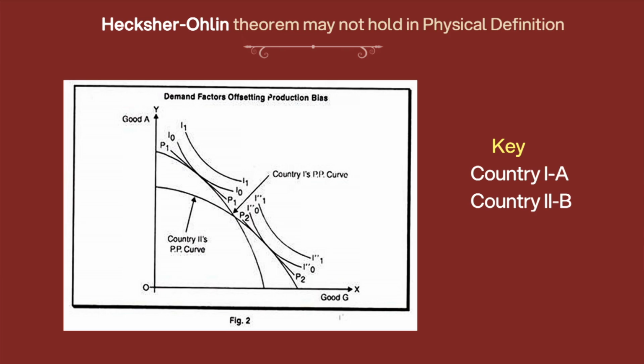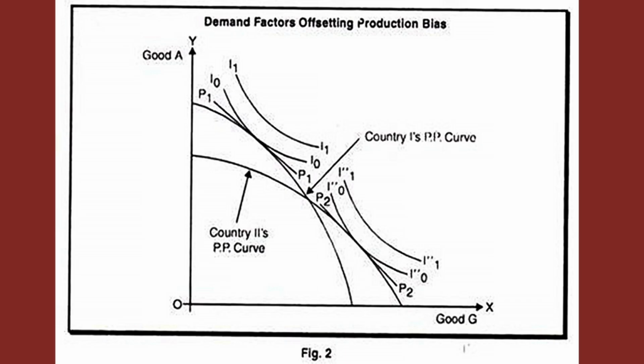Let me again repeat: if I0, I1 represent the indifference curves of country A, then the consumption pattern in country A is more biased towards the capital intensive good A, and the consumption pattern of country B or country 2 is more biased towards the labor intensive good B.